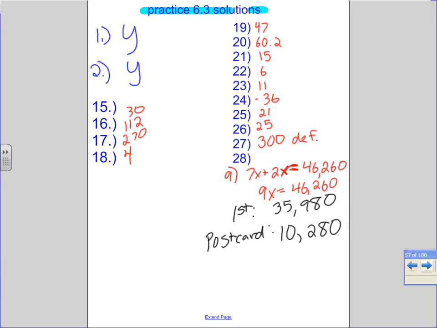Once you find what x is, then you just take your x value, which I think I wrote that down. X is 5,140. You multiply that by 7 to get to first class stamps. You multiply it by 2 to get to the postcard stamps. So you're just solving an equation, taking your x, plugging it back in. Remember, 7x represented first class stamps, 2x represented postcard stamps.